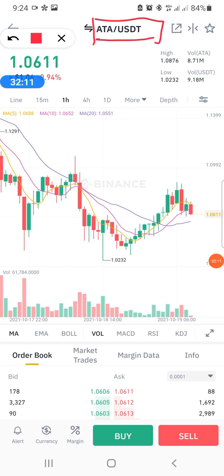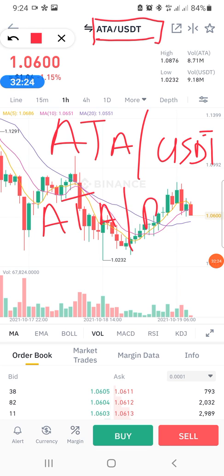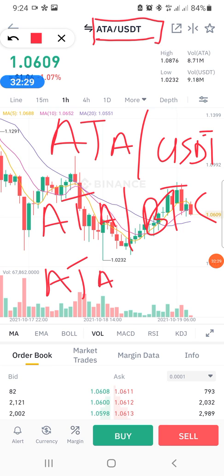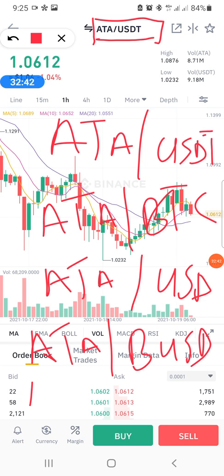Either you are trading ATA against USDT, or you are trading ATA against BTC, or you are trading ATA against USD, or you are trading ATA against BUSD, or even you are trading ATA against the popular coin Ethereum.